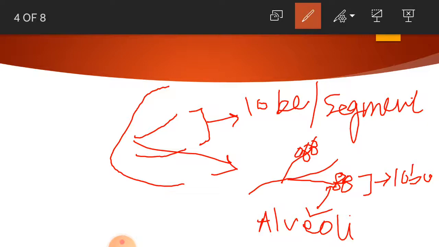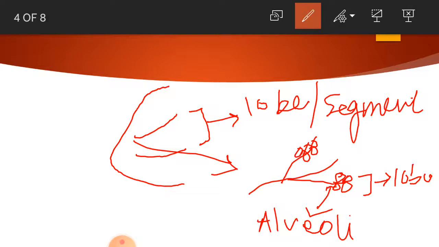Once again, there will be a segment, which we term a lobe, and there will be approximately 15 to 20 lobes, and each lobe will contain glandular structures called lobules, where the milk will be produced.